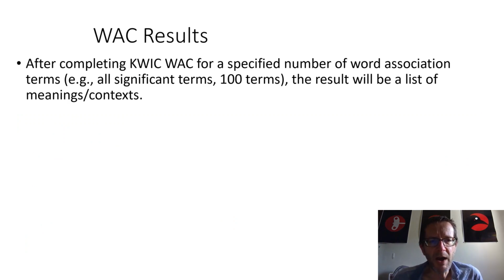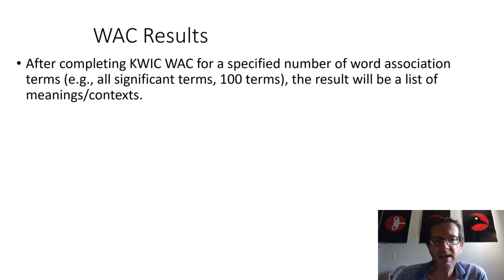Okay, so after you've completed the word association contextualization for however many terms you've discovered, so that might be all the significant terms, so every term with a star on, or you might have a fixed maximum number if you have a really big data set and there are too many statistically significant terms to analyze, then you might just have 400 terms or 100 terms.